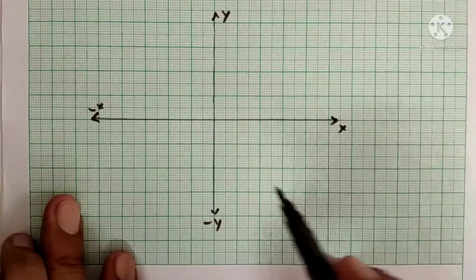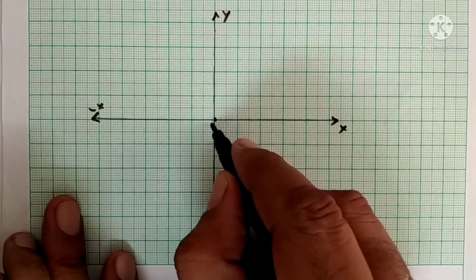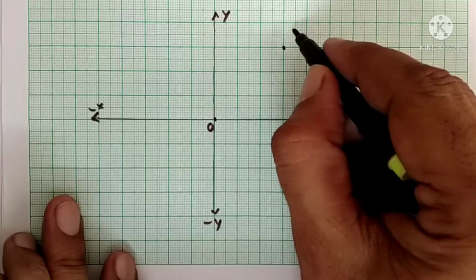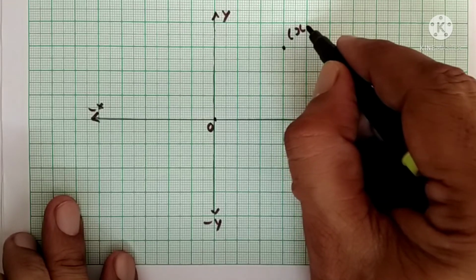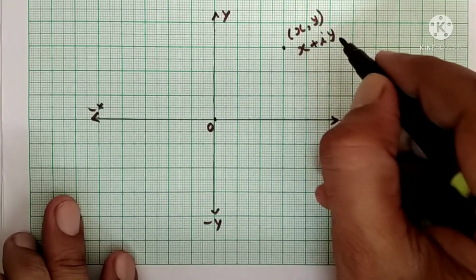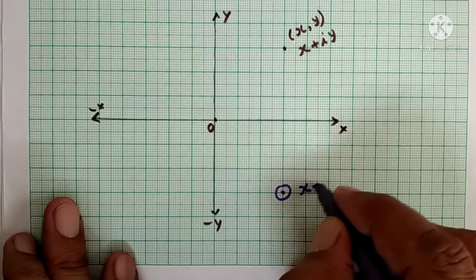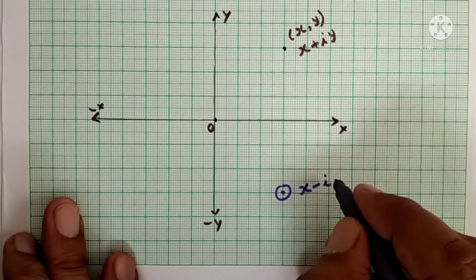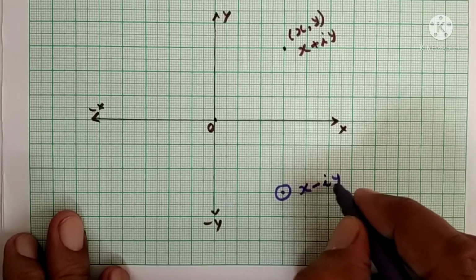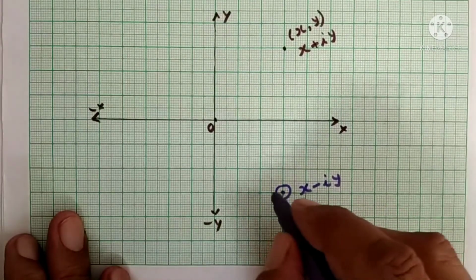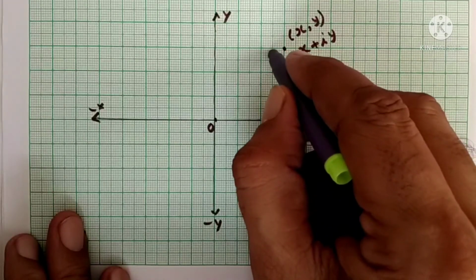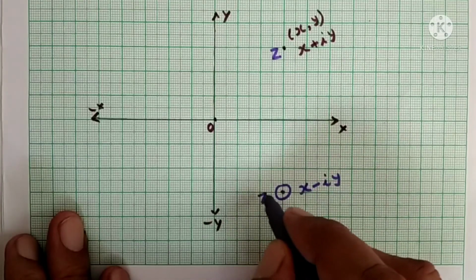Look here, if this is an Argand plane, and on this Argand plane one point is here, this point we can write as (x, y), or in complex form x + iy. And the other point is x − iy. If this point is z, then this point is z bar.